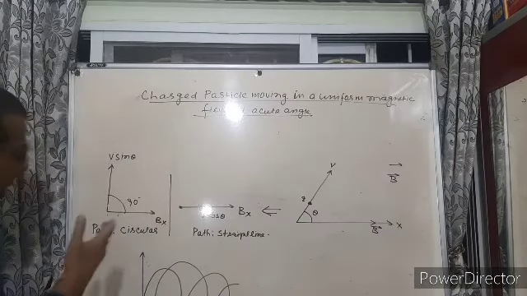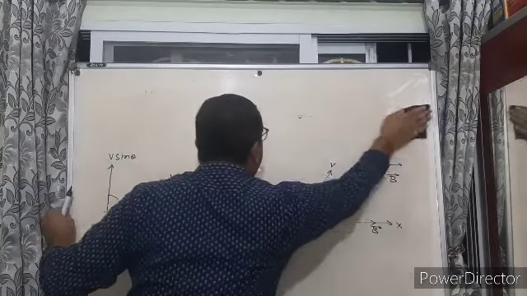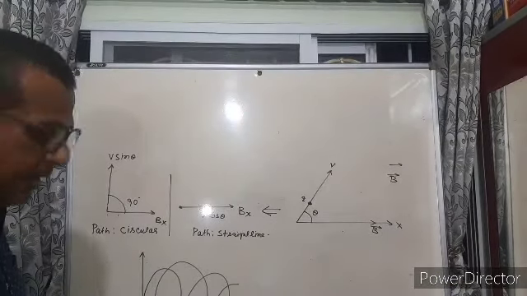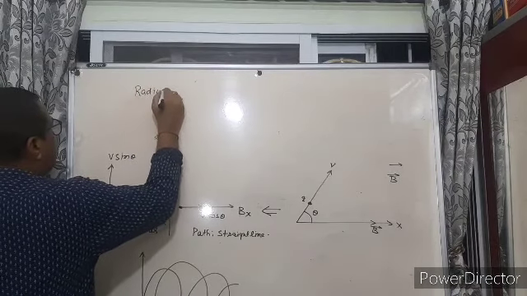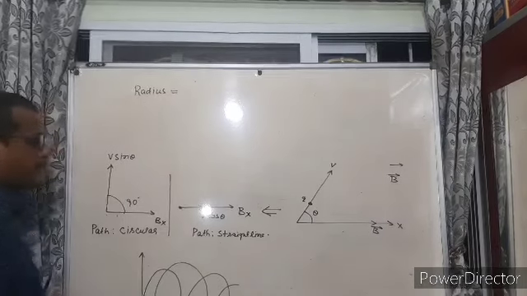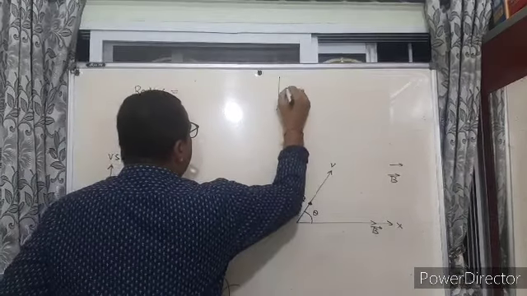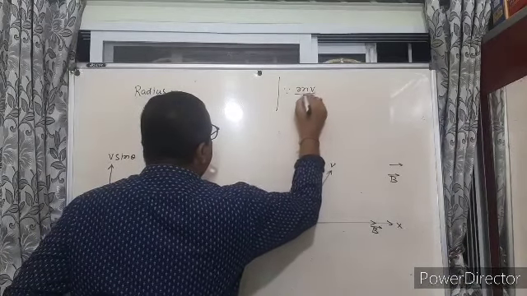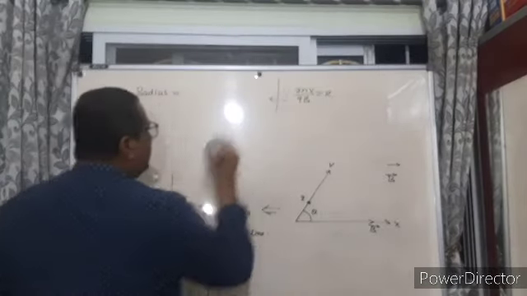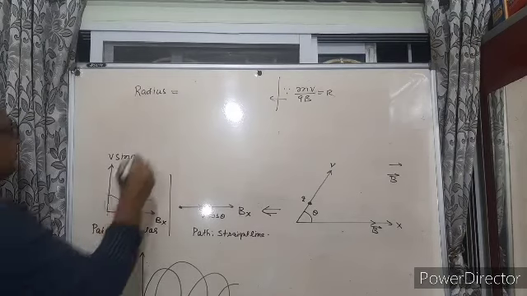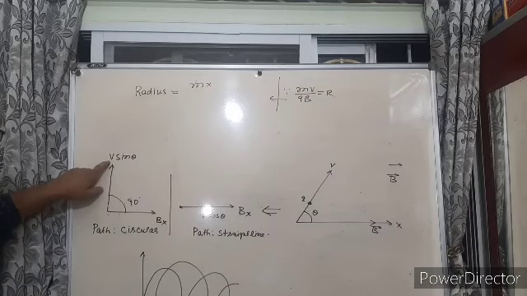So from this concept we can find the radius of the circular path. Radius is equal to, we have the formula, mv by qB. This is the radius. So from here, m is the mass of the charged particle, and the velocity here is v sin theta.